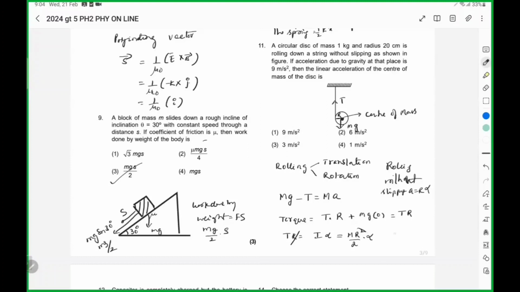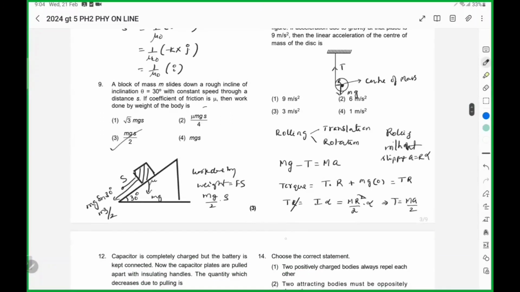R gets cancelled, so T becomes ma by 2. Here mg is equal to ma plus T, which is ma plus ma by 2, that is 3 ma by 2. m gets cancelled. Acceleration is 2g by 3.